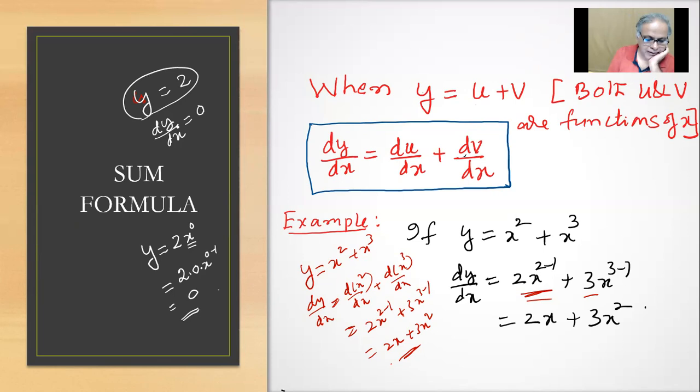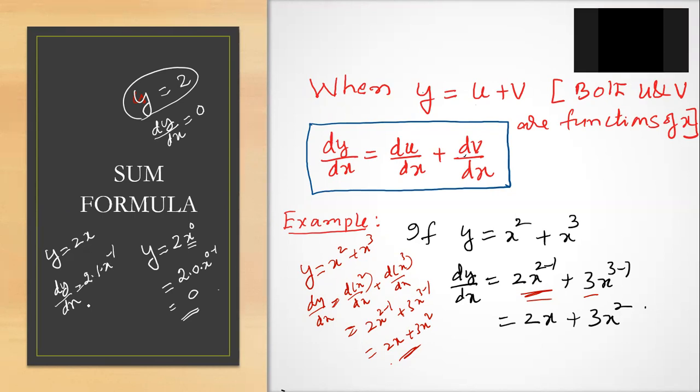But don't misunderstand. Y equals 2x I have. Will you say differentiation is 0? No, sir. Constant has x multiplied with it. So dy by dx equals how much? This 2 will remain as it is. X to the power 1: 1 into x to the power 1 minus 1.